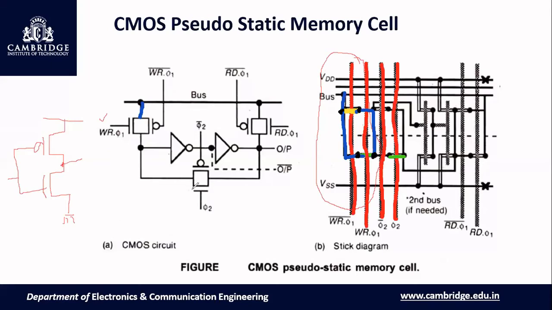And by crossing P plus diffusion over poly, we'll get PMOS. PMOS has the phi 2 bar control signal that you can see here. NMOS has control signal phi 2. They are connected in parallel. You know how it can be connected in parallel, right? They are connected in parallel.